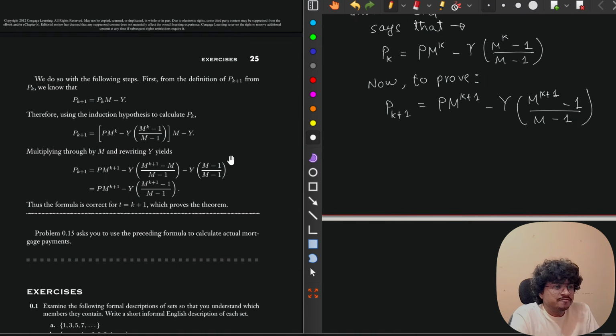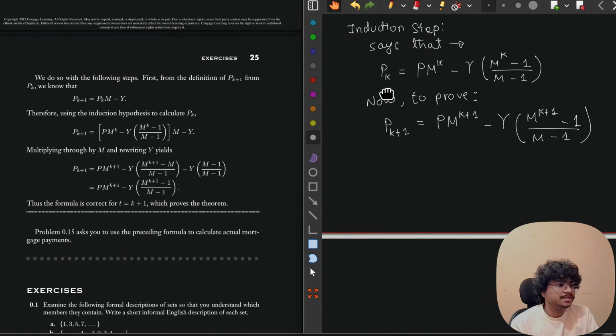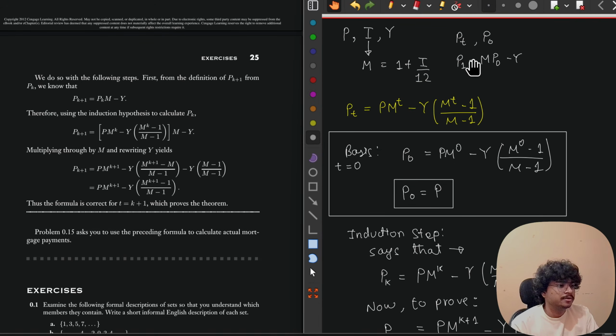First, from the definition of P_(K+1) from P_K, we know that P_(K+1) will be equal to this formula. This was basically this step.